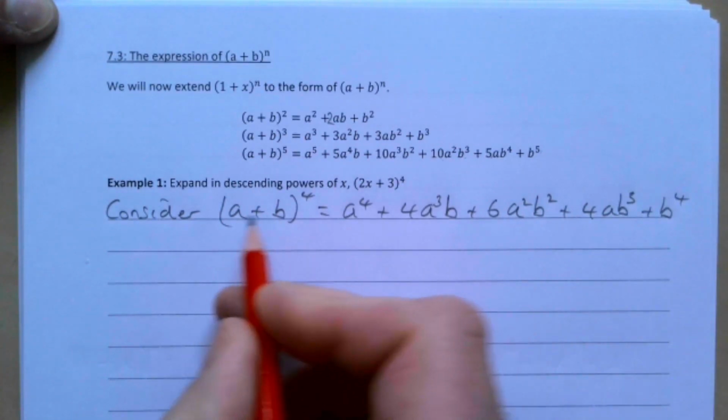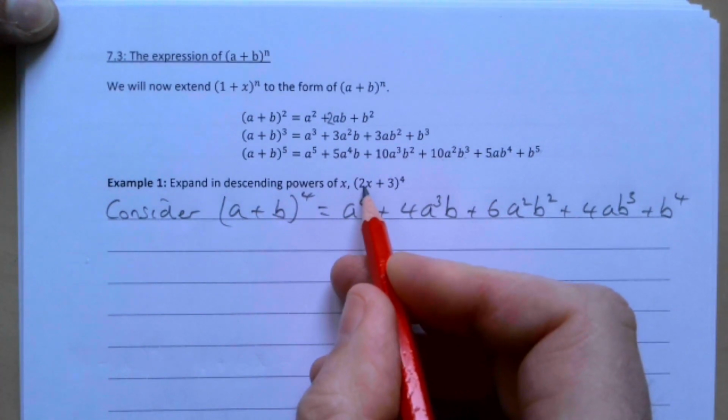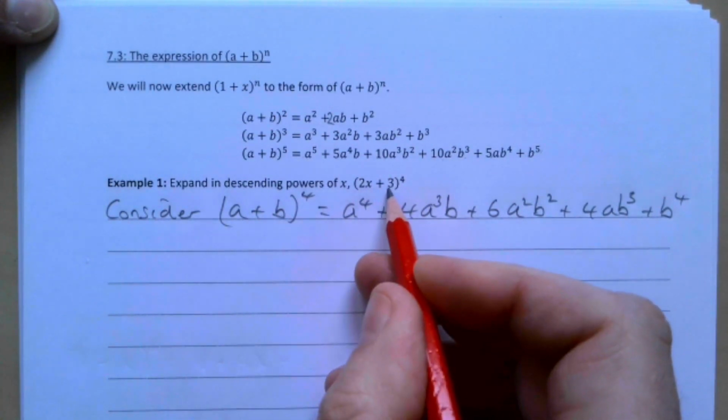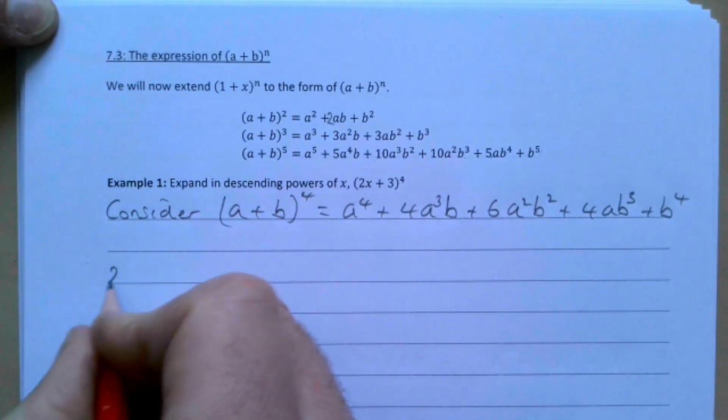Any time in this formula I see an a, I'm going to exchange it for 2x. Any time I see a b, I'm going to exchange it for 3. I'm going to do no working out to start with, and then we'll tidy up after that.